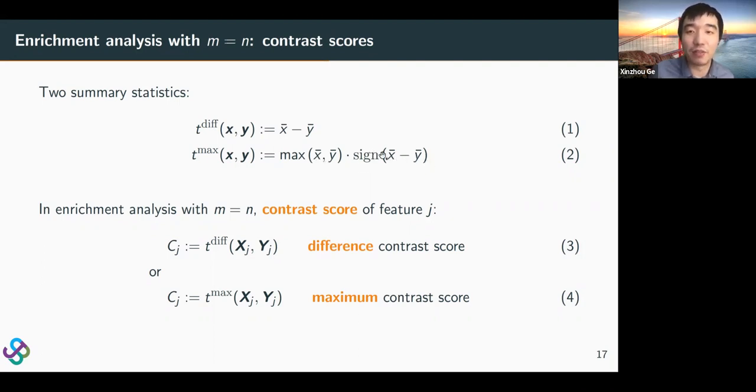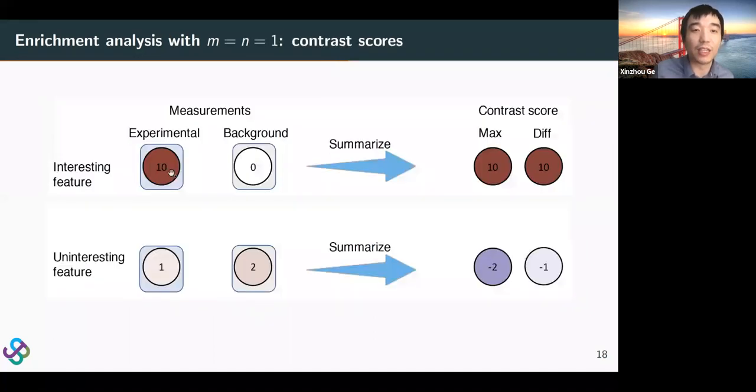Here sign returns positive 1 if X bar minus Y bar is greater than 0 and returns negative 1 if what's inside is smaller than 0. So in this example, as 10 is greater than 0, the maximum contrast score is 10.